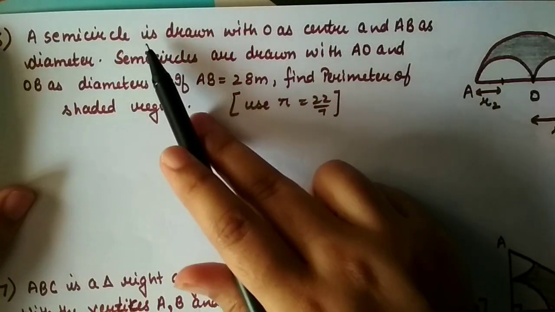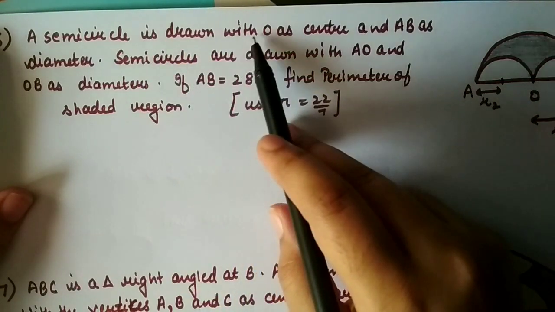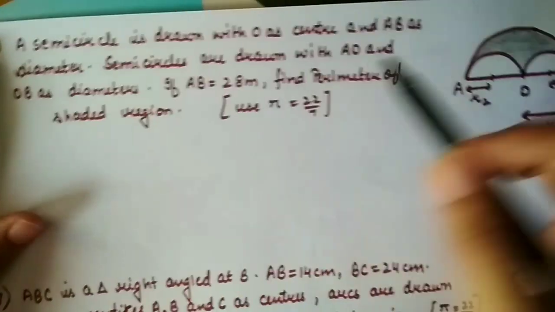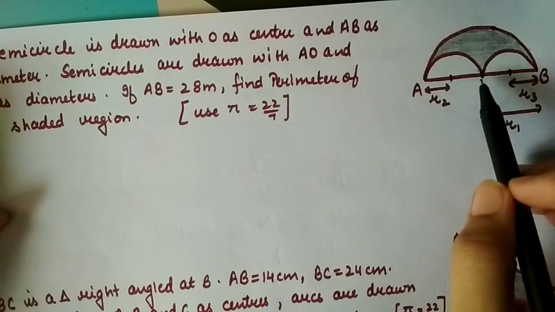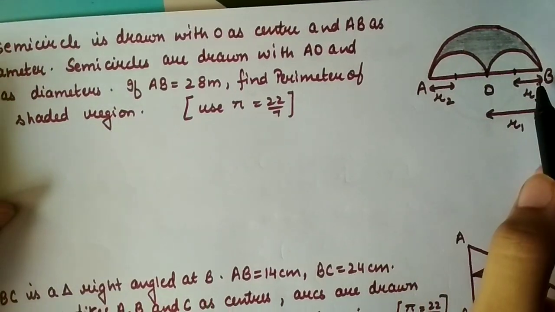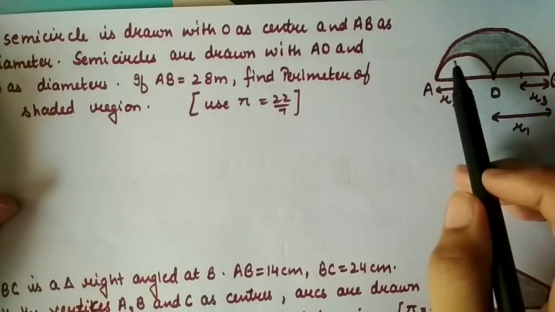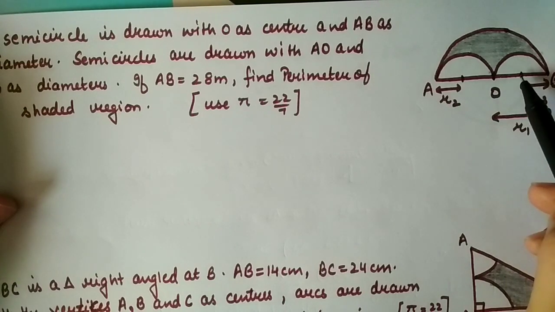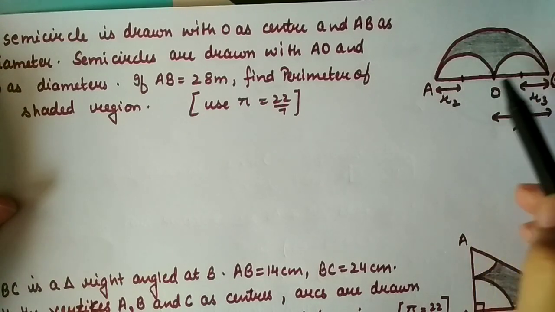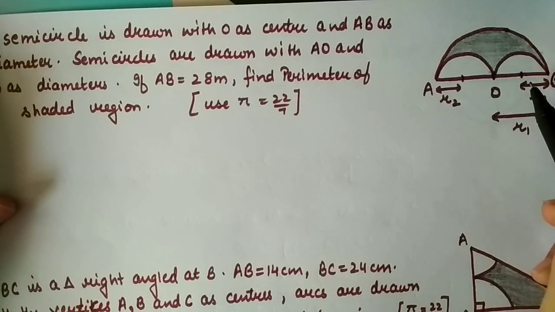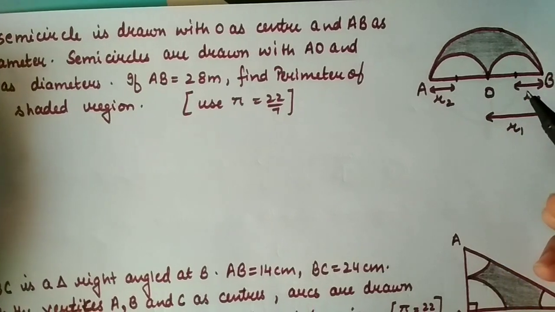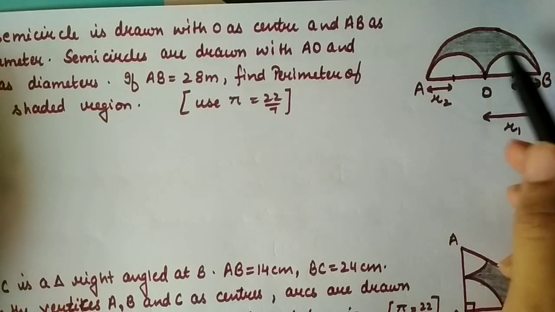In this it is given that a semicircle is drawn with O as the center and AB as the diameter. Two more semicircles with OA and OB as the diameters are drawn. The length of AB is given to be 28 centimeter and we have to find the perimeter of the shaded region.